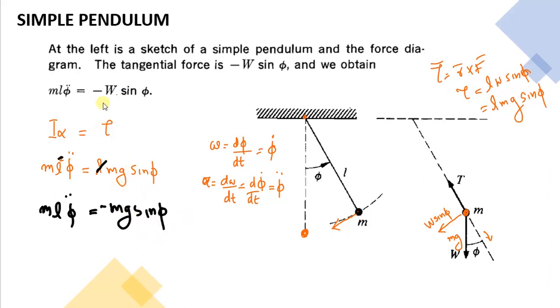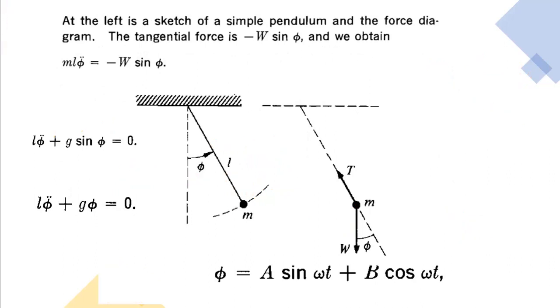Instead of mg we can write minus w. So this is the equation of motion. Now m and m also cancel out, so you will get L phi double dot is equal to minus g sin phi.